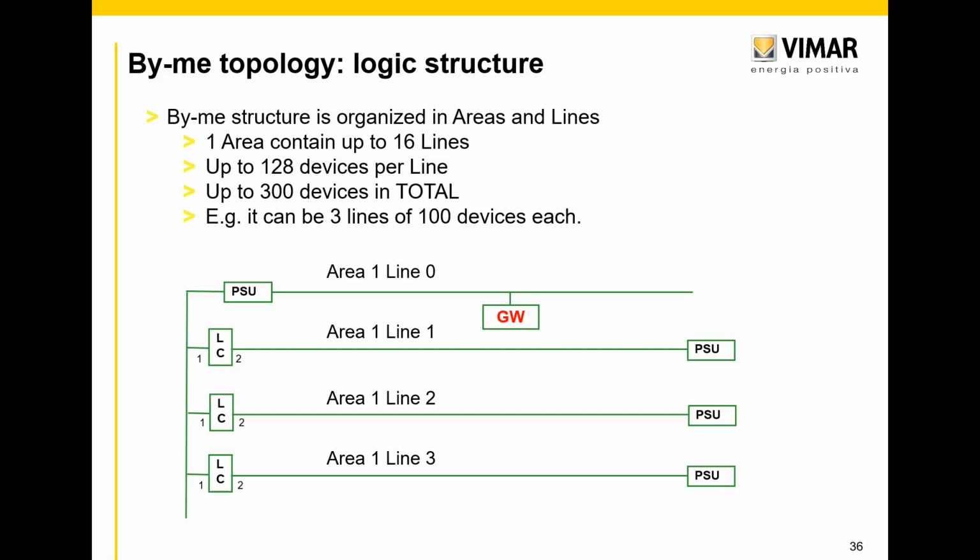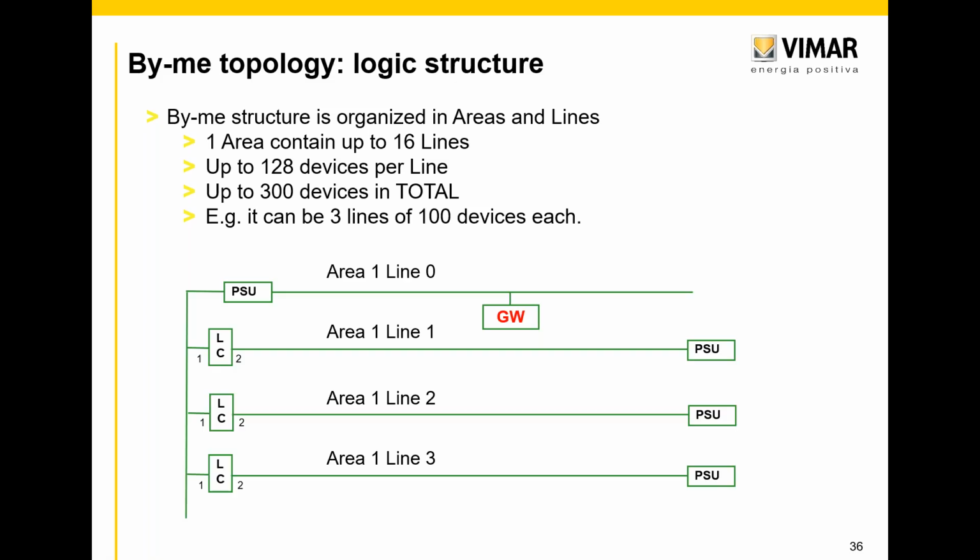And also, I have to calculate the consumption of these devices. Usually, 2 power supplies are enough for 128, but just calculate the total consumption of the line with a simple Excel or a calculator. If you have more than 128 devices, you have to add a line coupler. You see, the LC line coupler is a sort of filter, and creates another logical line, area 1, line 1, in which you add other devices.